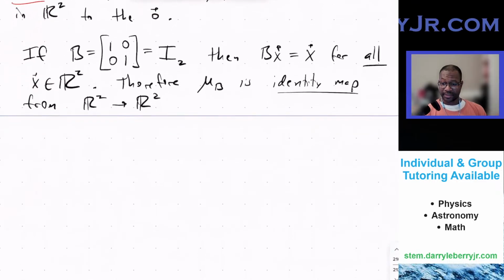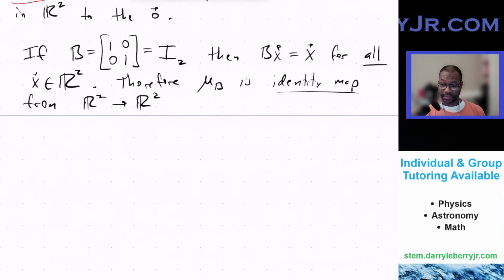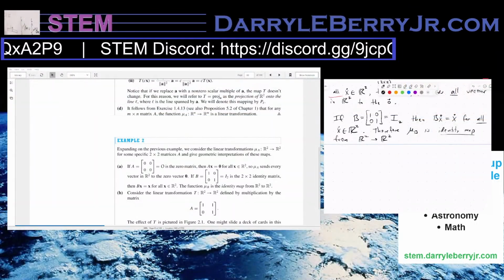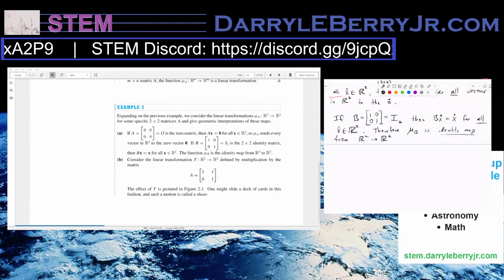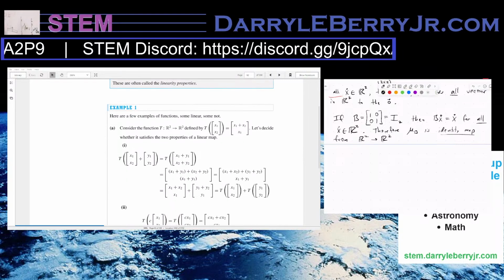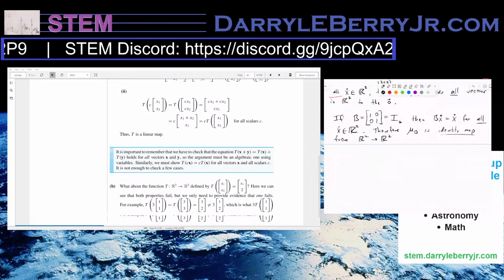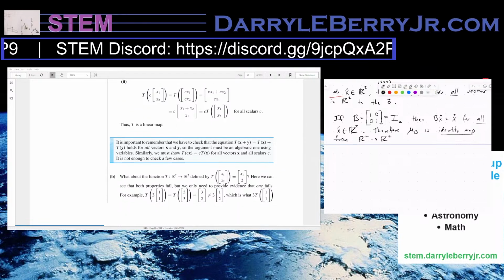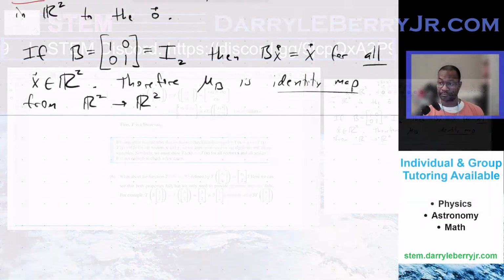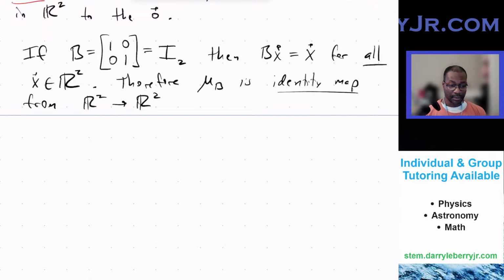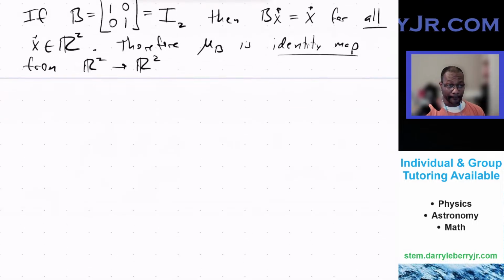All right. So now I was asked to consider a transformation. So now we're on the consider part. Consider the linear transformation.